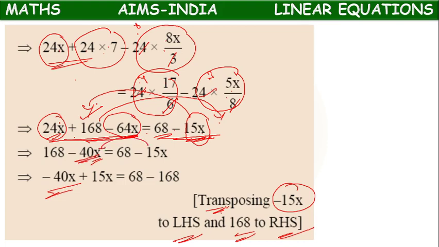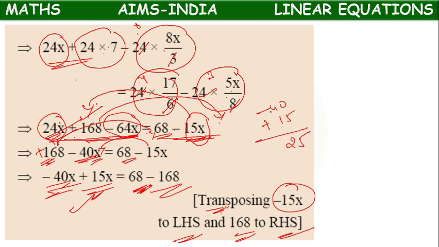This minus 15x taken to this side becomes plus 15x. On RHS we have 68. If there is no sign before 168, it means plus; if it comes to this side, minus 168. So here minus 40 plus 15, the difference is 25, the bigger number has the minus sign, so minus 25.